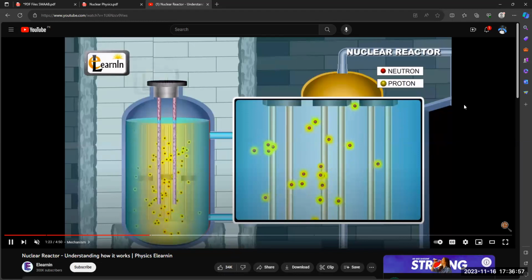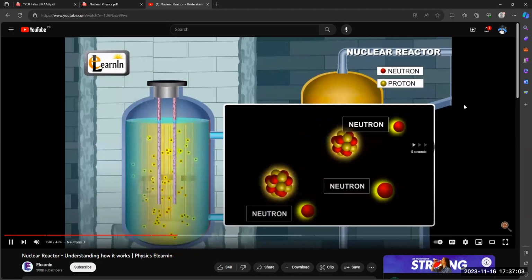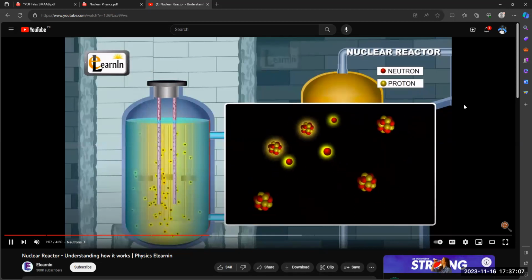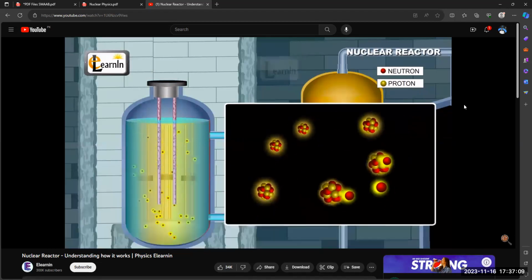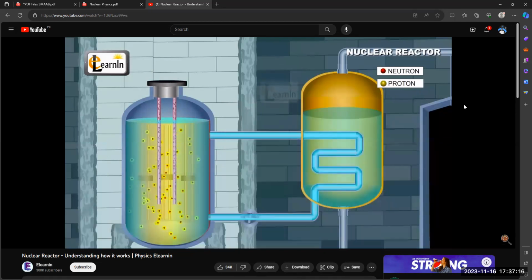So you can see once a neutron strikes the rod, it converts into multiple neutrons. This is the definition of fission reaction again. It strikes the nucleus, then it further splits into elements, plus the number of neutrons adds up in the reaction.